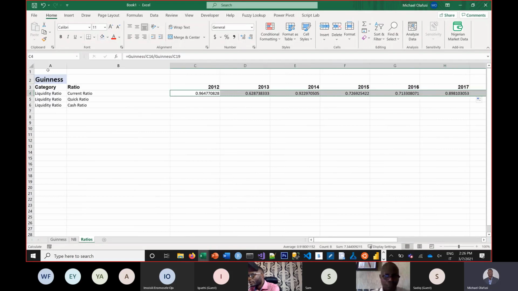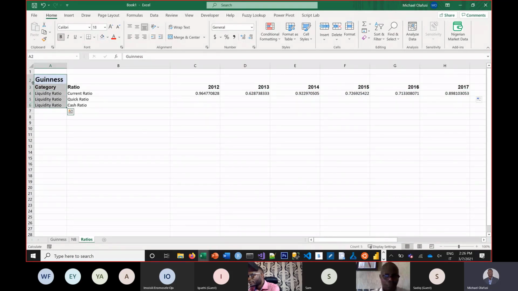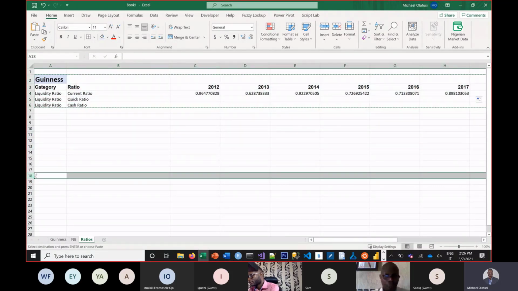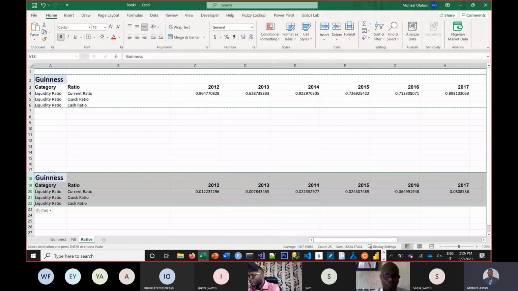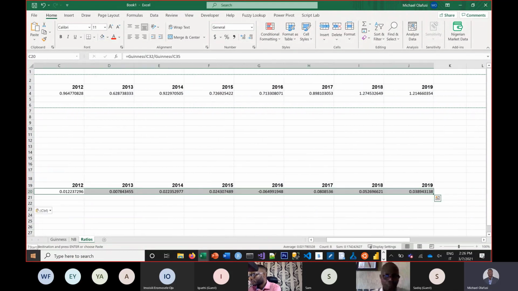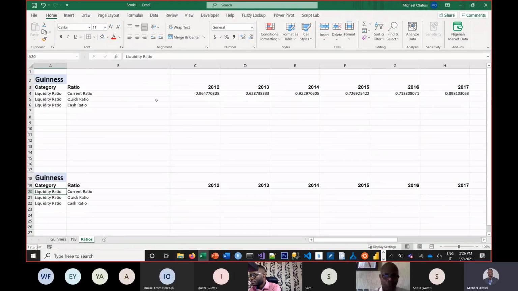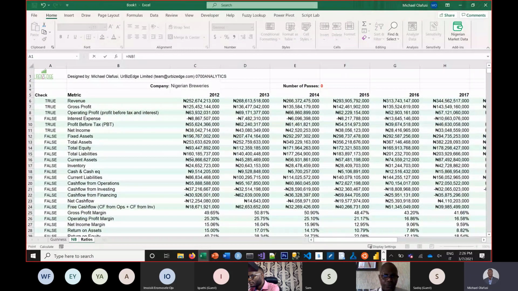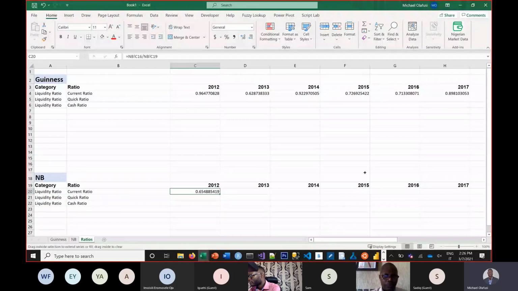Now I want to replicate this for the other company. So I am going to delete all of this. This will be for Nigerian Breweries. I'll do likewise: grab the current assets, divide by the current liabilities, and drag.